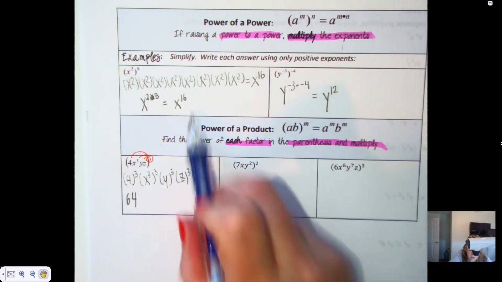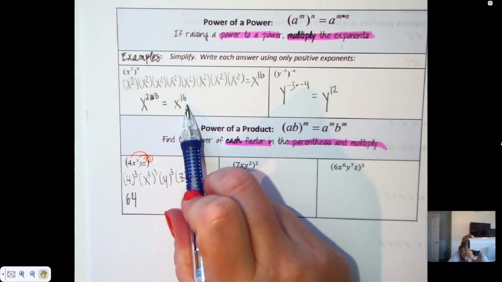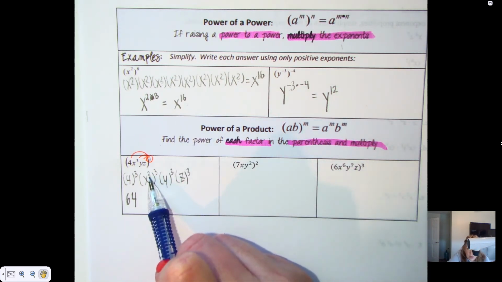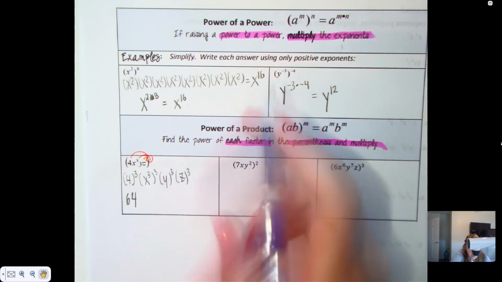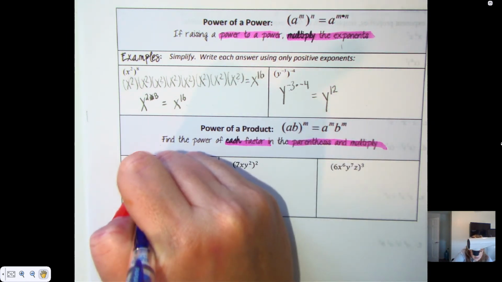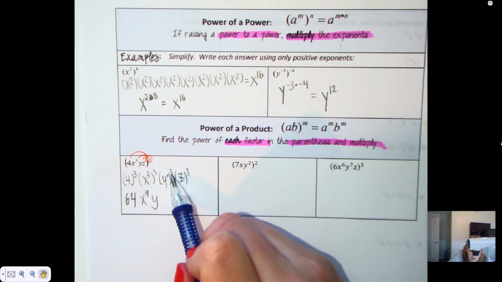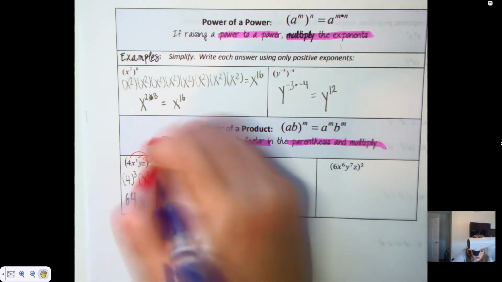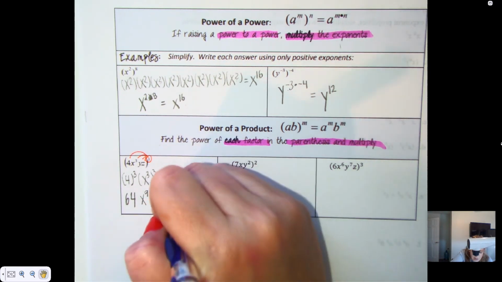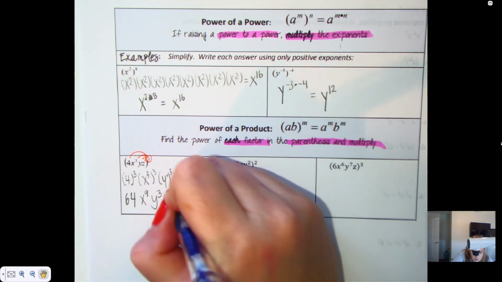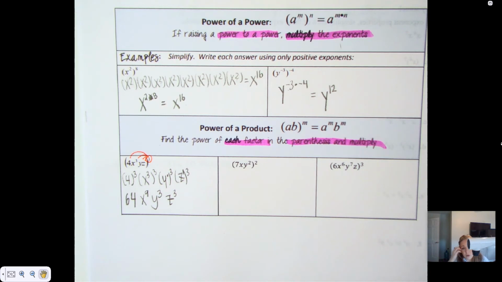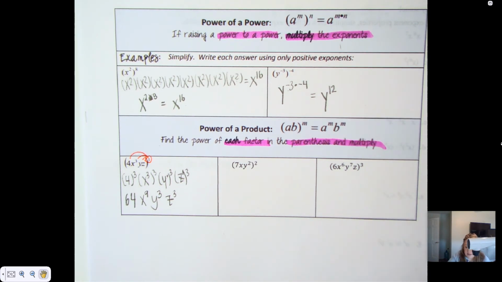And then I'm doing the same thing as up here. I would have 3 times 3, which is x to the 9th. I would get 1 times 3, which is 3. And then I would get 1 times 3, which is 3. Okay, so I'm raising each individual piece.